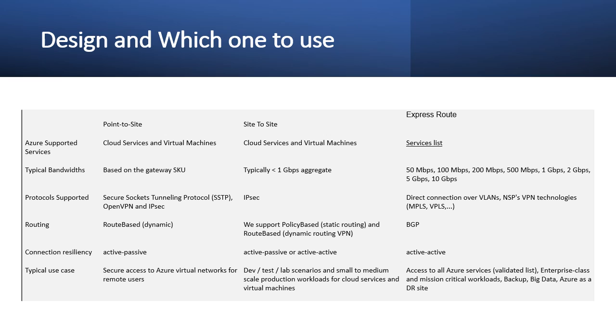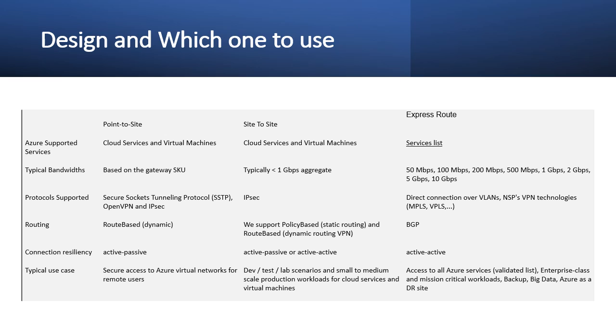Then what services are supported by point to site? Cloud services and virtual machines, same for site to site. Typical bandwidth is based upon your gateway SKU, and in site to site it is typically less than 1 Gbps aggregate.